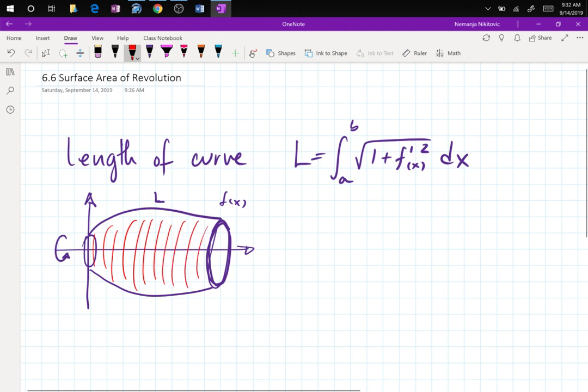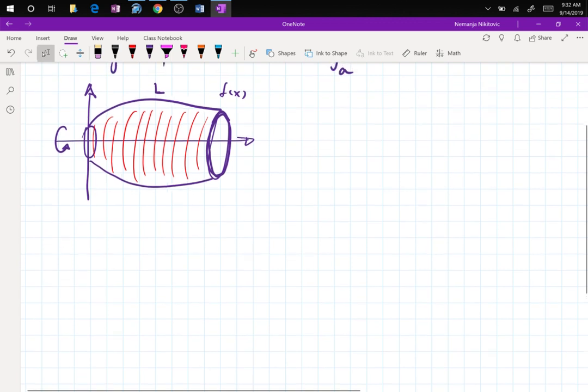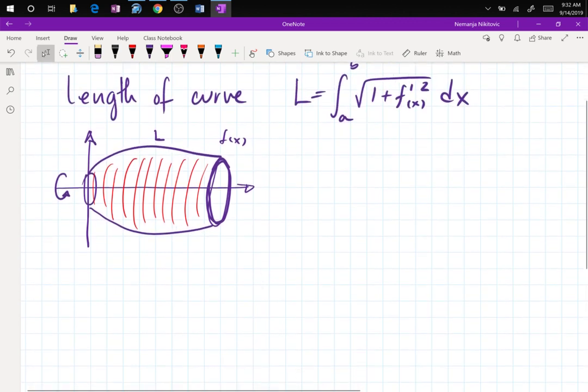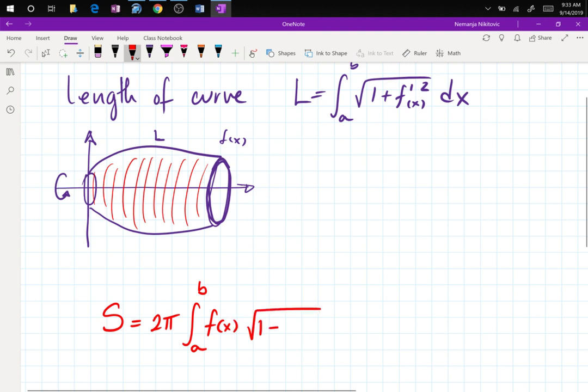We're not calculating volume. So the formula for today is surface area, S: S equals 2 pi integral from a to b of f of x times the square root of 1 plus f prime squared of x dx.